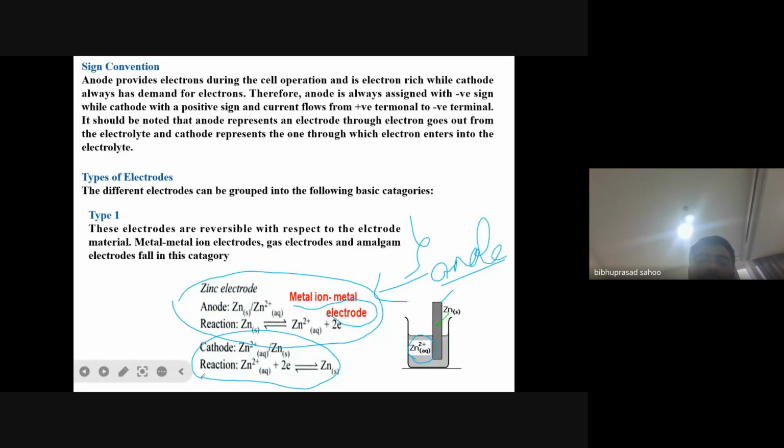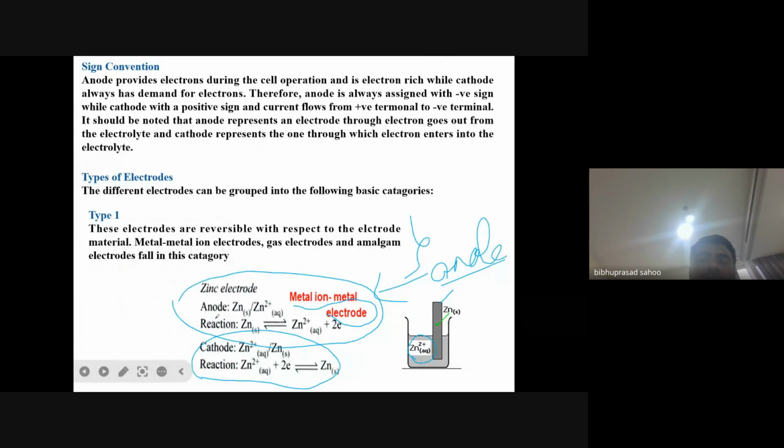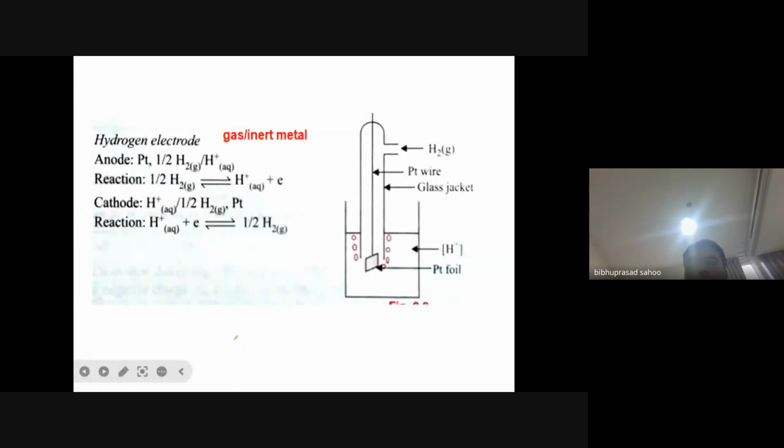These are the examples. I have written the zinc electrode acting as anode, and this is the reaction. When it is cathode, this is the reaction. When it is anode, the representation is this one; when it is cathode, the representation is this one. Okay, students, so you got it.